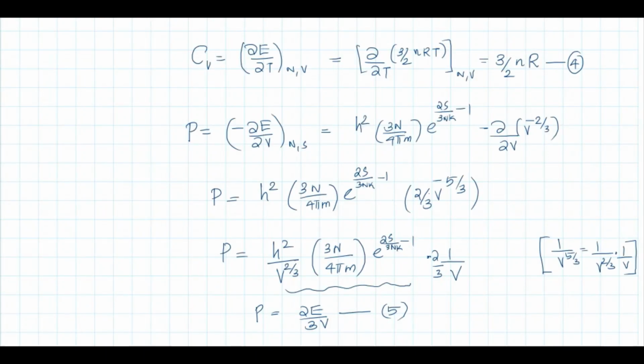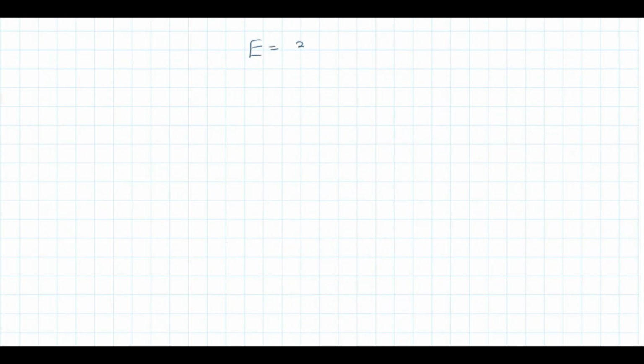Now, from here you can write E is equal to 3/2 PV. We already have E as 3/2 nRT, which is equal to 3/2 PV.